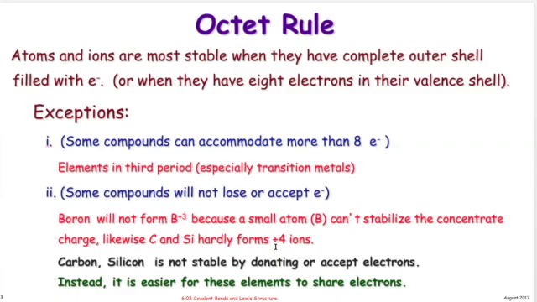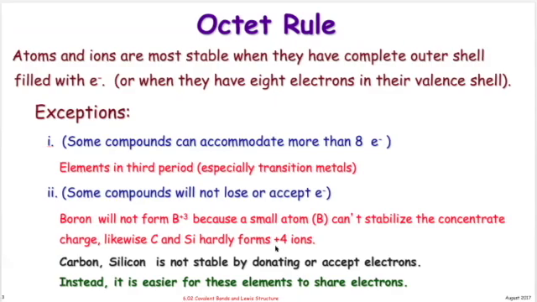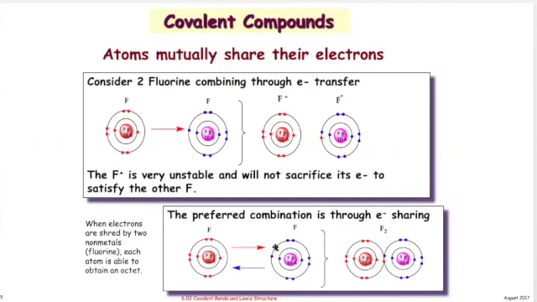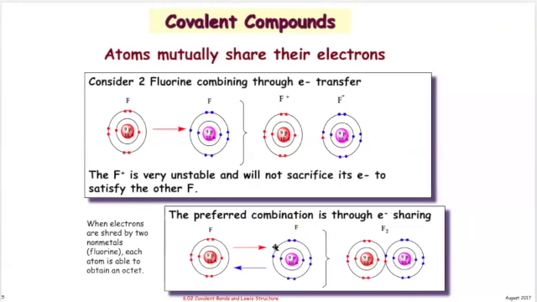That's why it's a noble gas, because it's satisfied. It doesn't need to lose or gain. Whenever an atom can do that, it's stable. So again, the octet rule is important, and that's the basis of our electron configuration. Here are some illustrations demonstrating the octet rule.